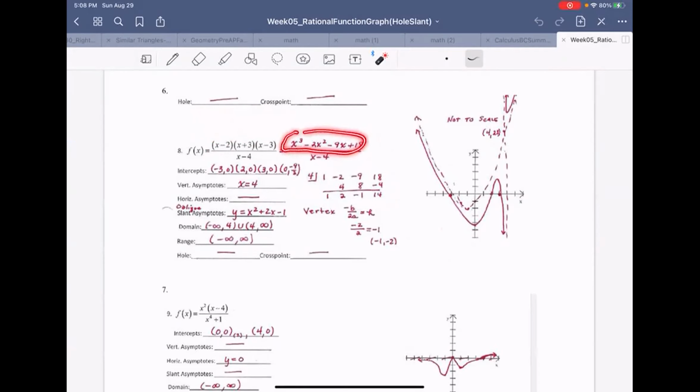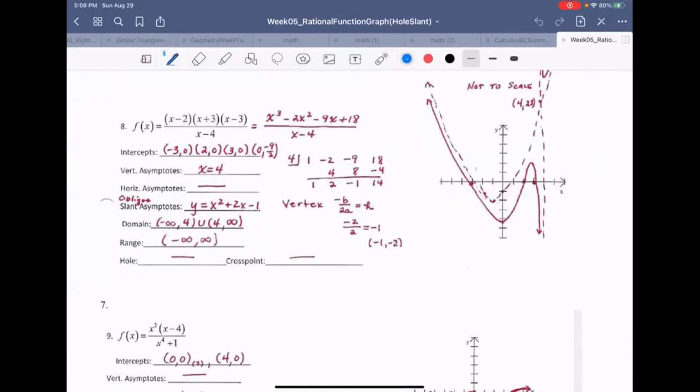This guy divided by this guy, so we can do something quickly over here, if you still remember long division. x cubed minus 2x squared minus 9x plus 18.